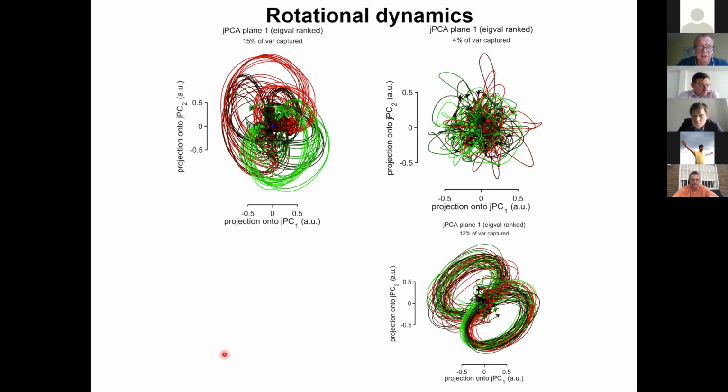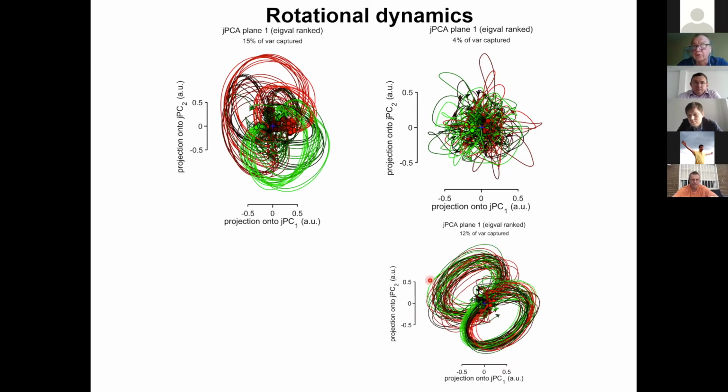This is a questionable manipulation, in my opinion, because why subtract some kind of average activity for different conditions from a particular condition? In any case, this manipulation really can kill rotations in some cases.